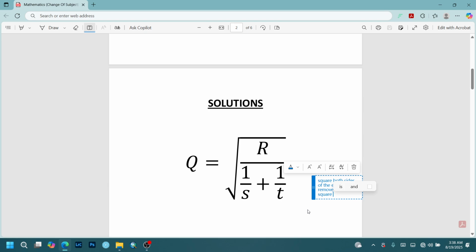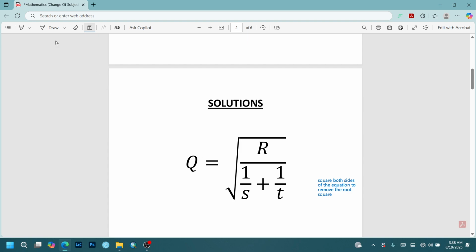And it's generic. Whenever you see a root square or a square root in mathematics, change of subject, the first thing you have to do is to square both sides to remove the square root from the equation, right?